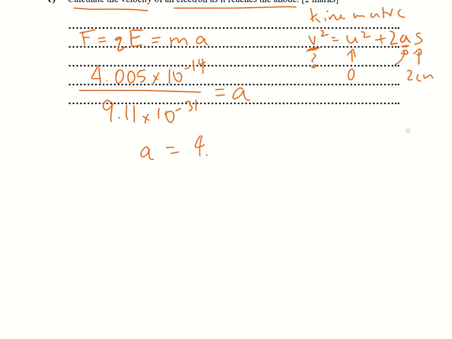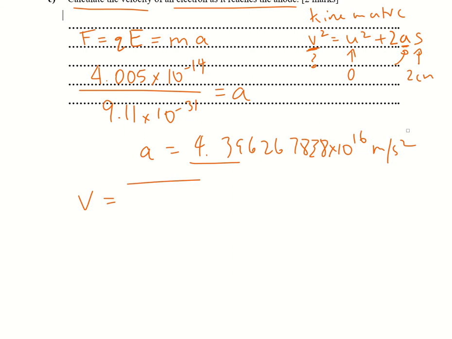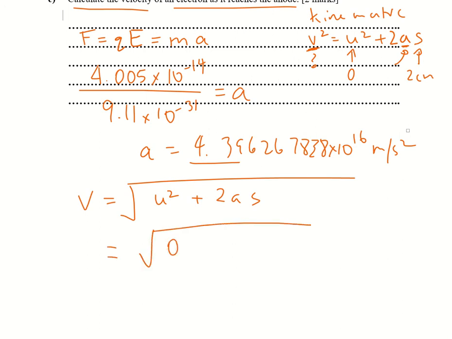Our acceleration would be equal to 4.39, and then all these other nice fancy long numbers, meters per second squared. Generally speaking, you can just round it off to 3 sig figs and then substitute it in, but it's up to you. Now, if I rearrange the equation, v equals the square root of u squared plus 2as, I know that u is going to be equal to 0.